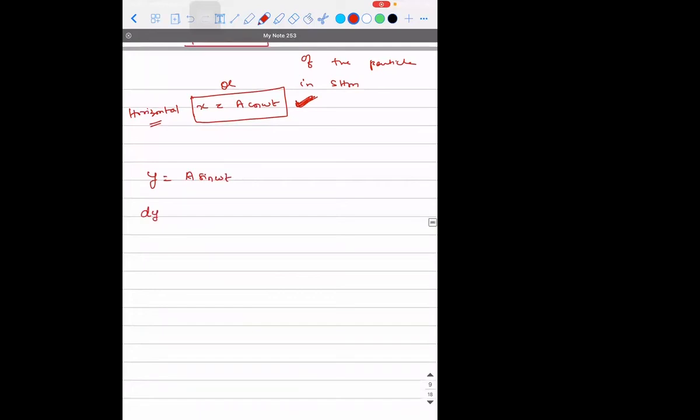If I do dy by dt, what am I going to get? A into d by dt of sine omega t. By now, you know what the chain rule is, right? What is the derivative of sine? It is cos of the same angle, into d by dt of the angle inside, that is omega t.